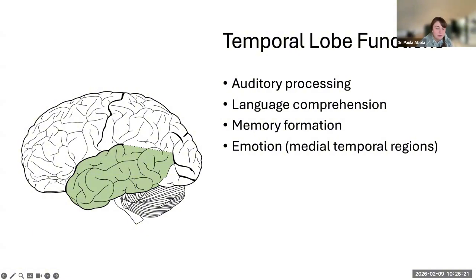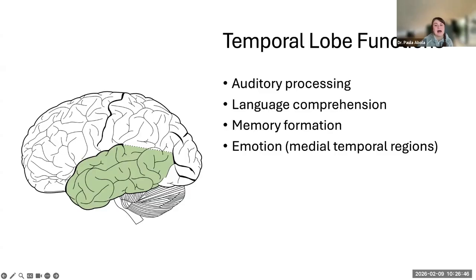And because of this broad functional involvement, temporal lobe dysfunction can present with a wide range of cognitive and behavioral symptoms. So a particularly important region within the temporal lobes is the medial temporal area, which includes structures such as the hippocampus, which you might have heard of, and surrounding cortical regions.